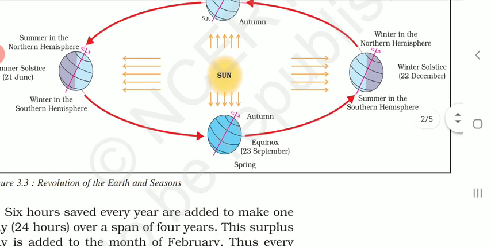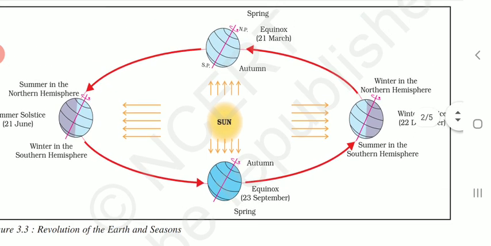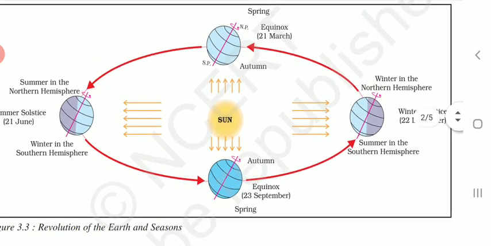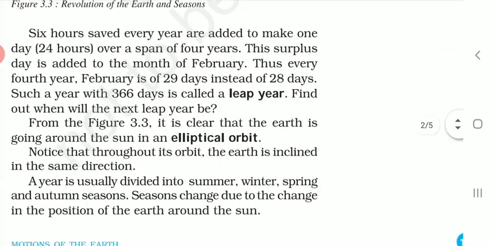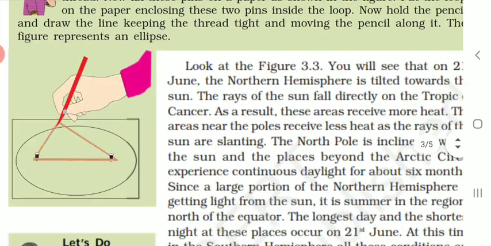And therefore we can say the revolution of the earth is very important for changing the seasons, as well as the proper change of the season is also important for the whole earth.